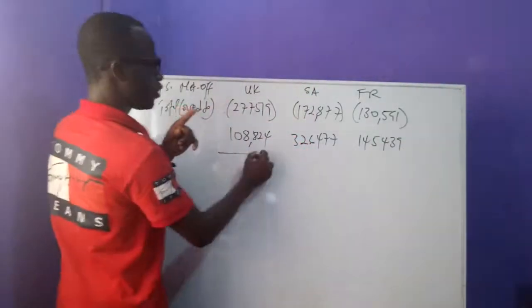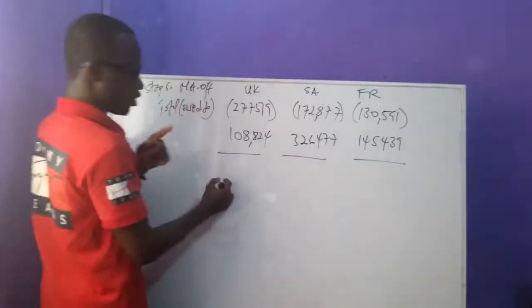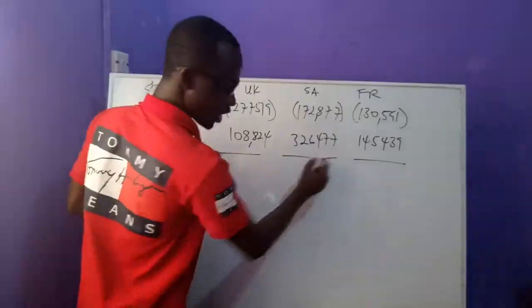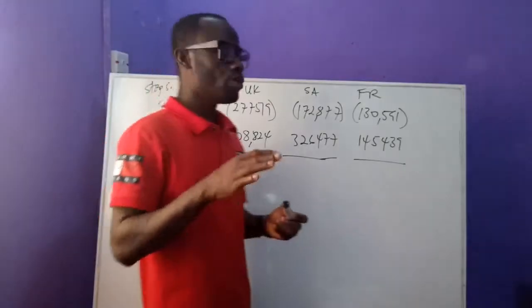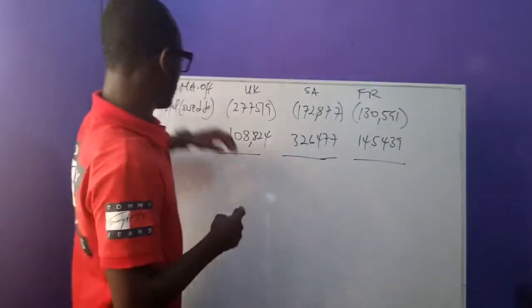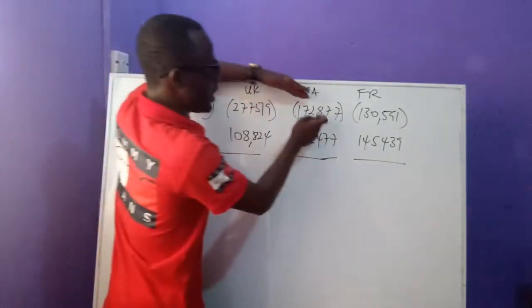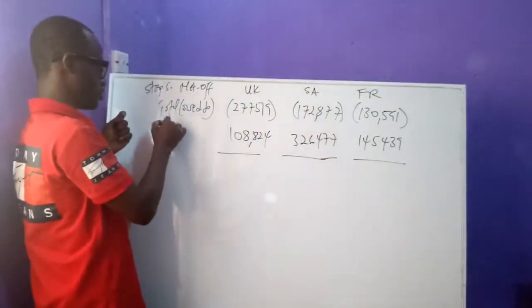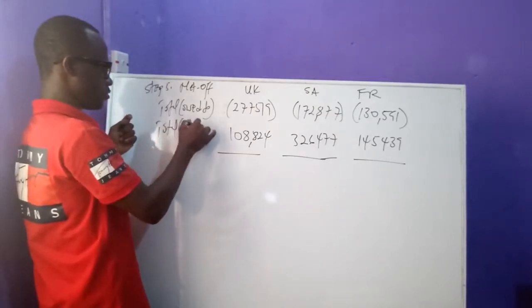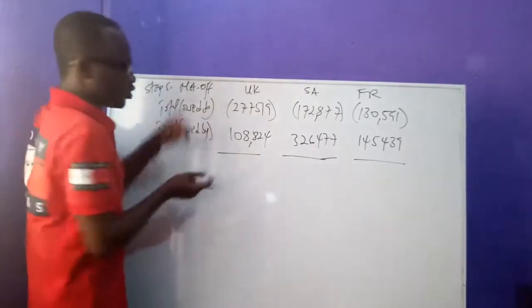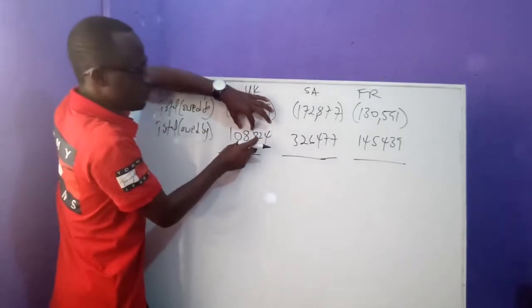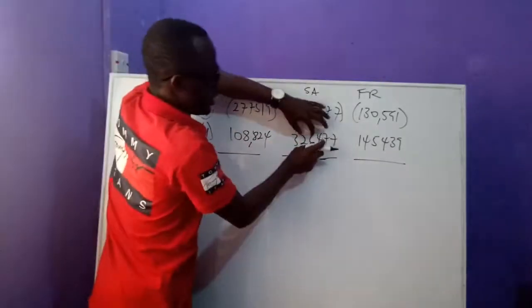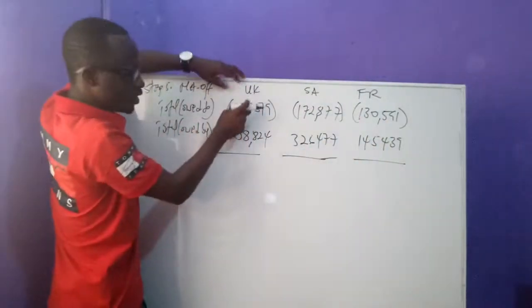Now, I want you to follow the picture here very well. So you will realize that this is their receivables and this is their payable. So this is how much they are supposed to pay, and this is how much they should be receiving.